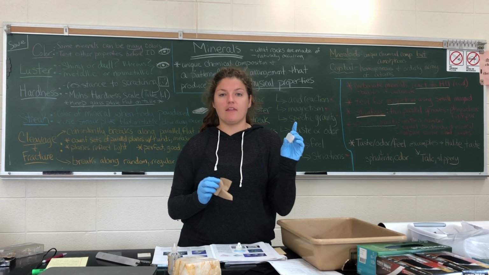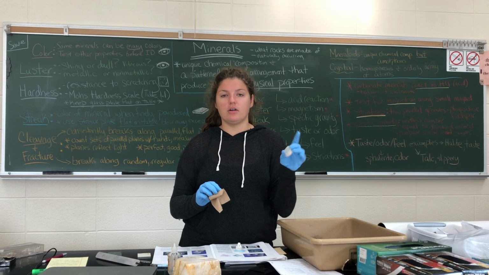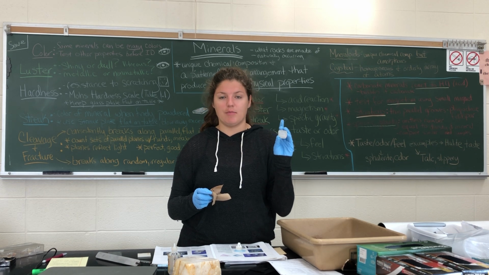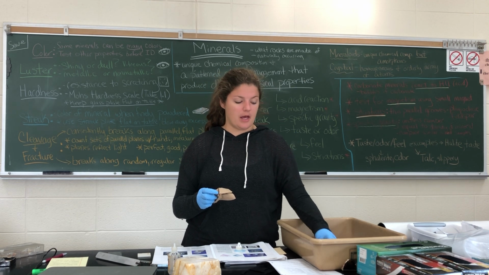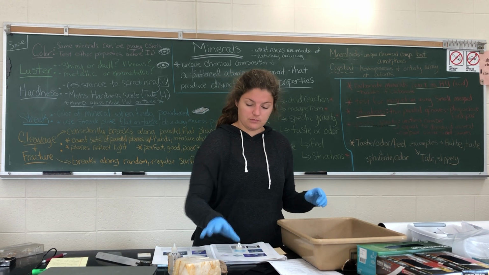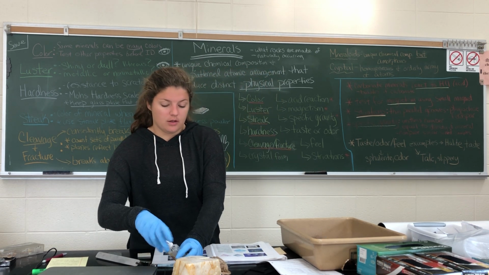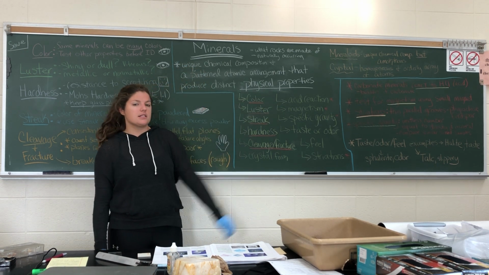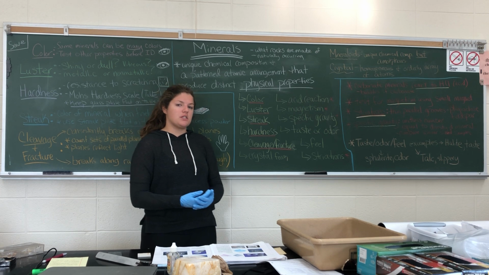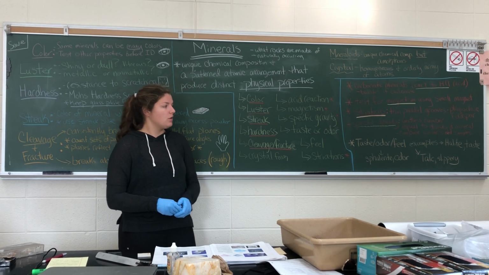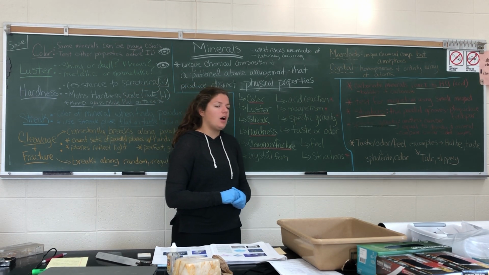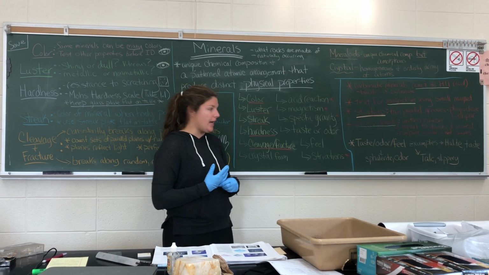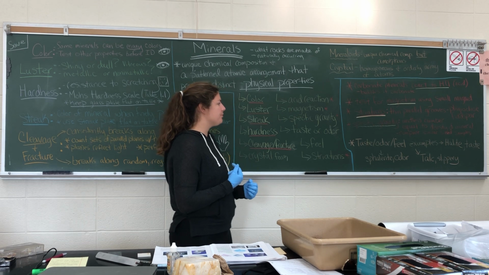You don't want to leave it sit on there because it'll keep eating away at the mineral. And also you don't want to leave it sit on there so that the next person who comes in to touch that mineral doesn't get acid on themselves. So, reaction to acid is one of those diagnostic physical properties that is very specific to only a few minerals. Carbonate minerals, such as calcite, are going to react to acid, and you'll see that in lab.